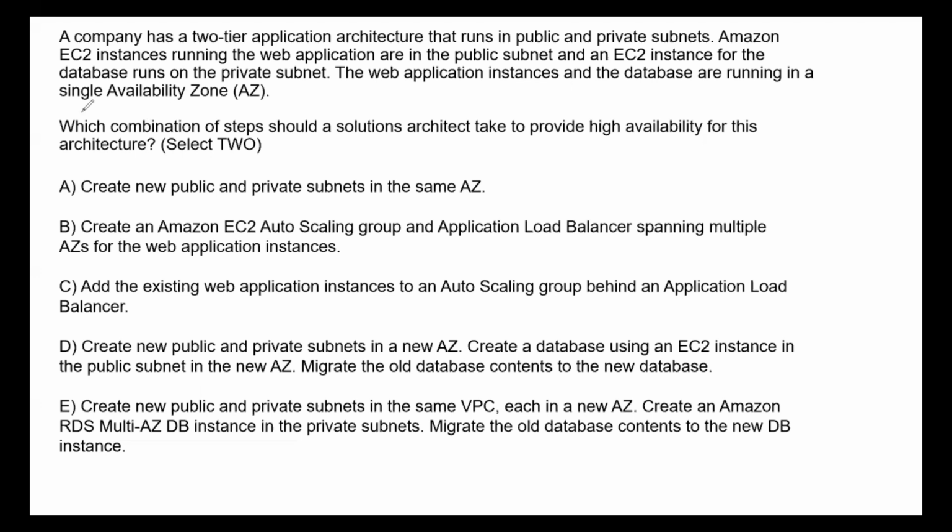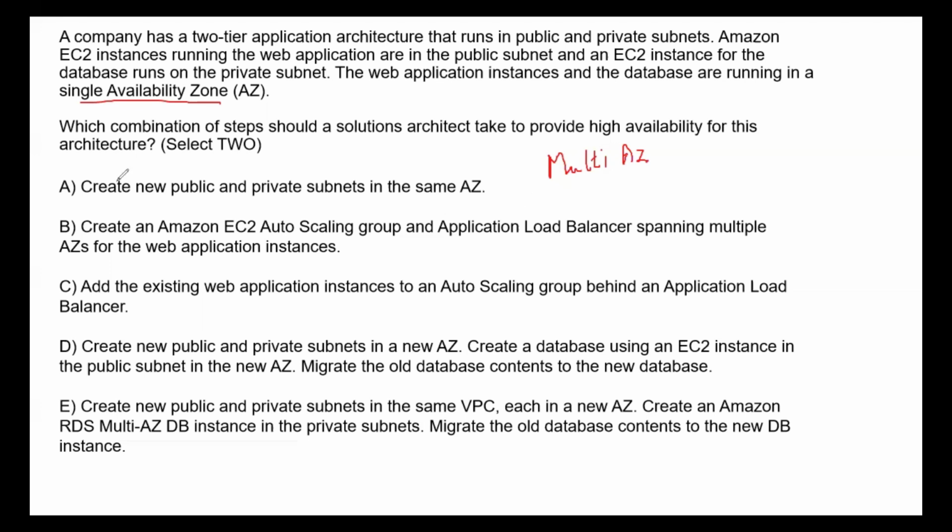So this itself is a keyword. Single AZ, it should not be in a single AZ. The solution should spread the infrastructure across multiple availability zones. So this should be a keyword for us. So we have to go to the option which says that the solution should be across multiple availability zones, right?